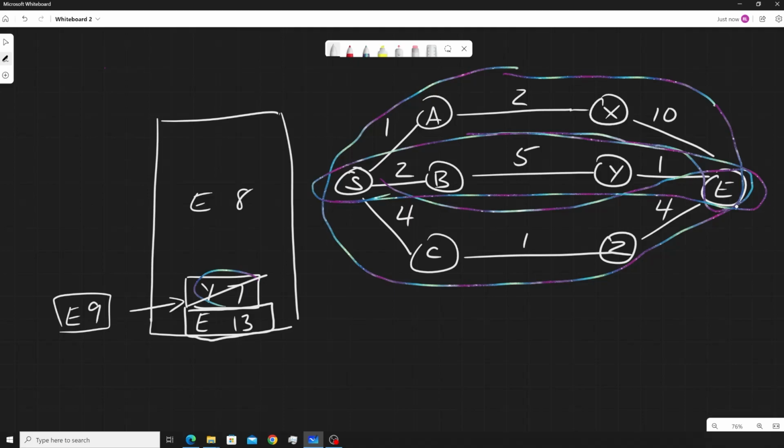Imagine that we had a network, or multiple networks, that looked something like the following.